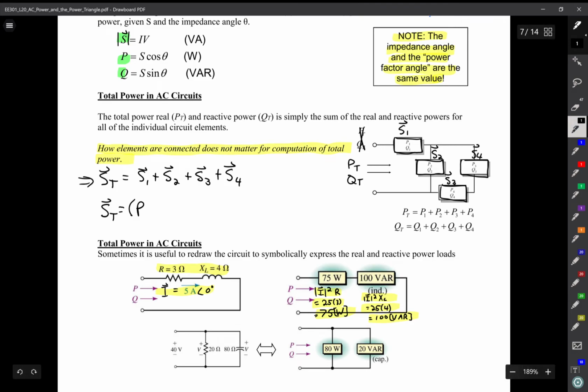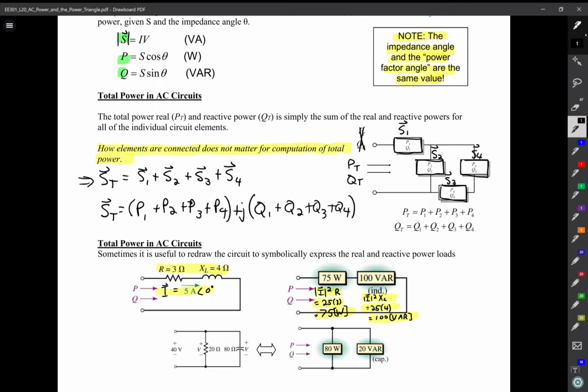So that equals P1 plus P2 plus P3 plus P4 plus j, this is the reactive part, Q1 plus Q2 plus Q3 plus Q4 altogether.